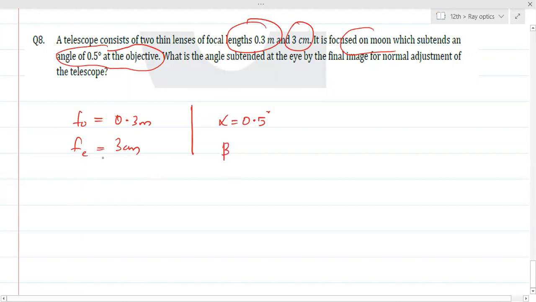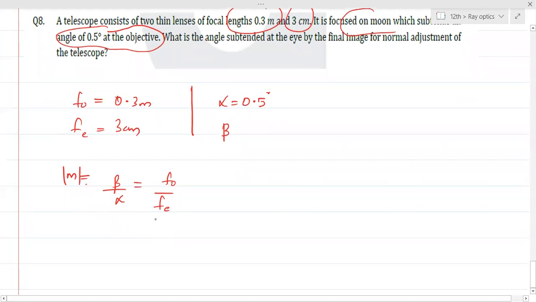So we have to find beta. Angular magnification is beta upon alpha, which in terms of magnitude is nothing but f naught upon fe. So when we get beta, it is equal to f naught upon fe, 0.3 upon 3 centimeter, which is 0.03, into 0.5, which will give us 5 degrees.